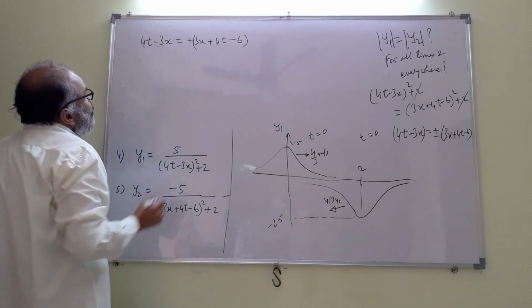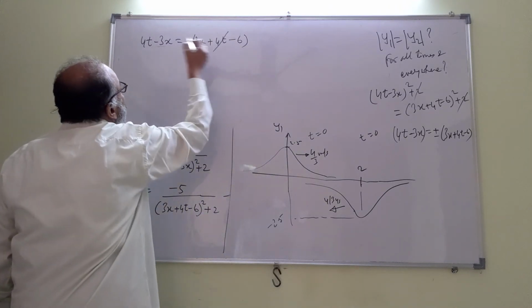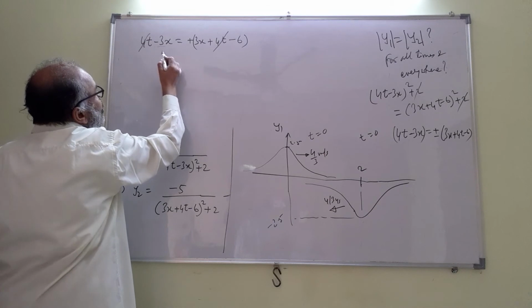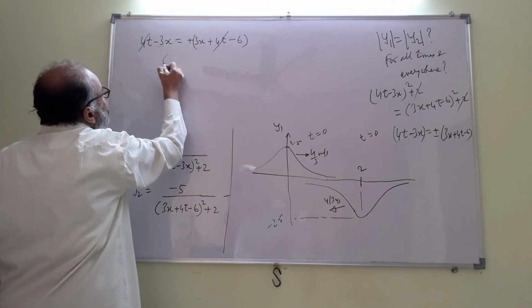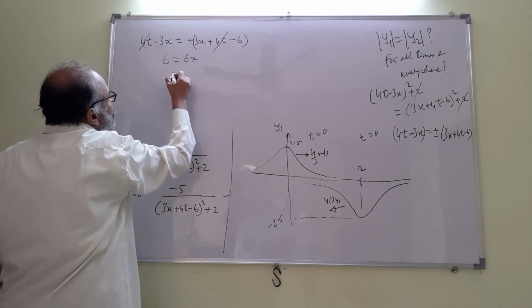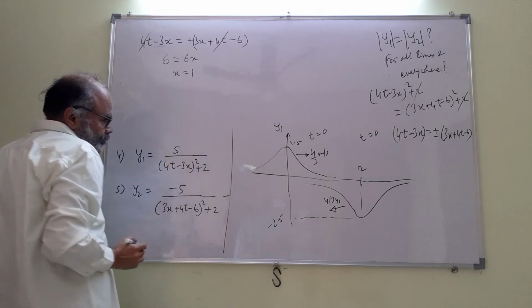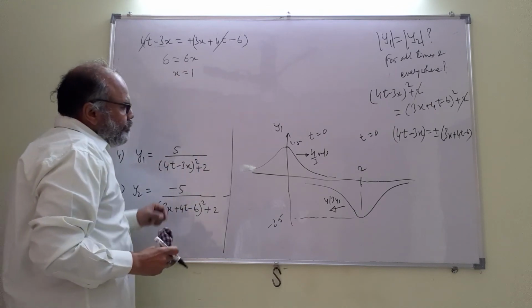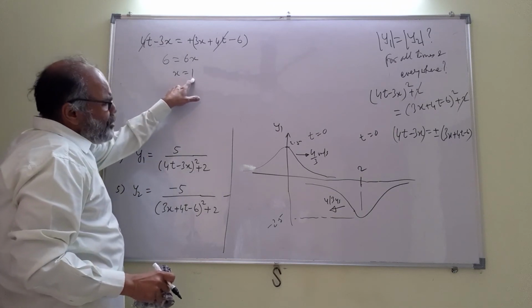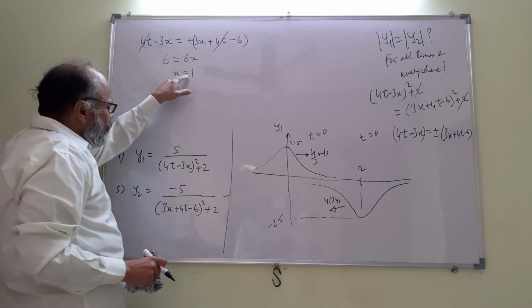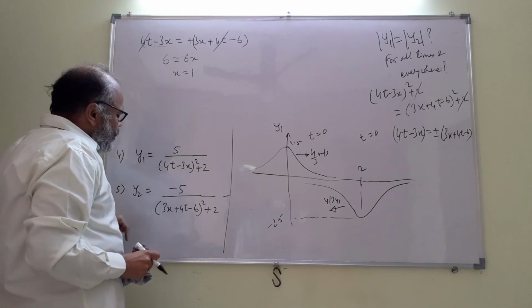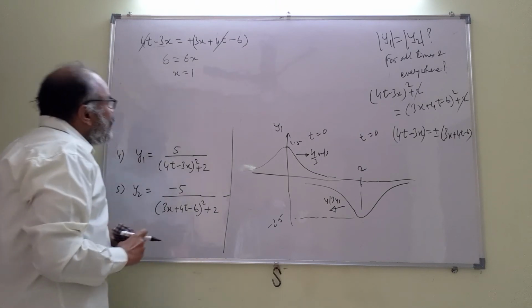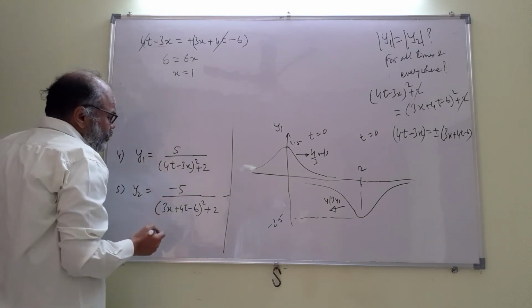We have equated these two. So 4t will cancel, and you get 6 is equal to 6x, or x equal to 1. So we find that at x equal to 1, at all instants, y1 will be equal to y2.